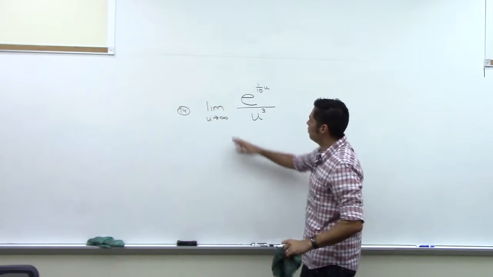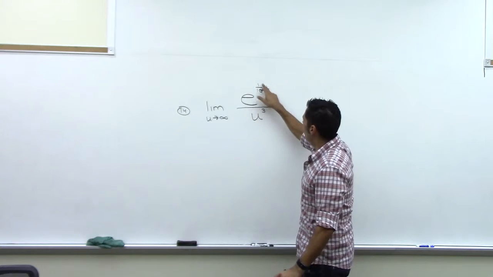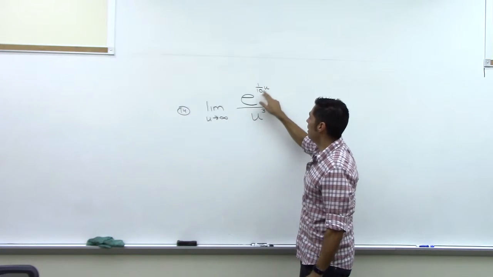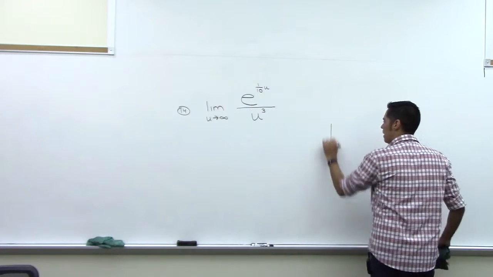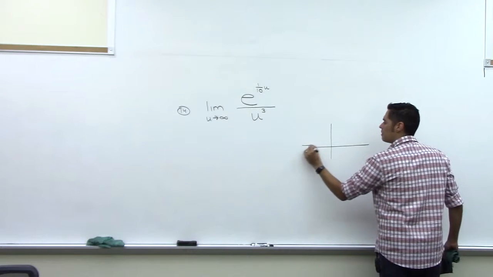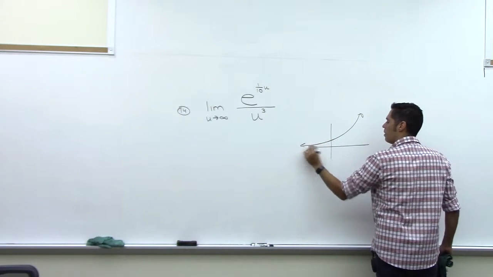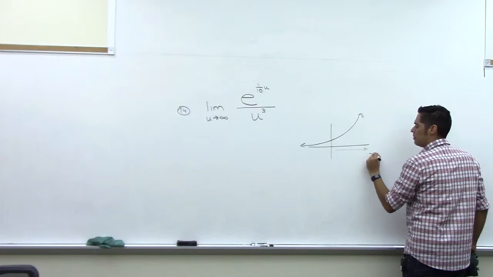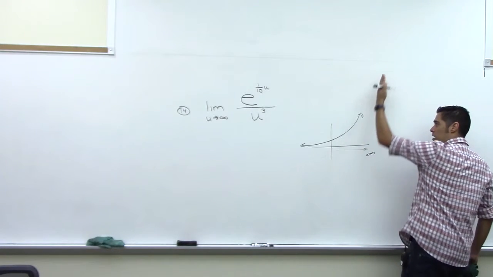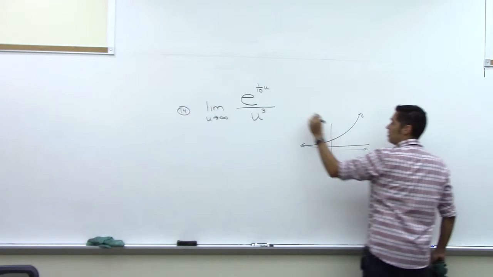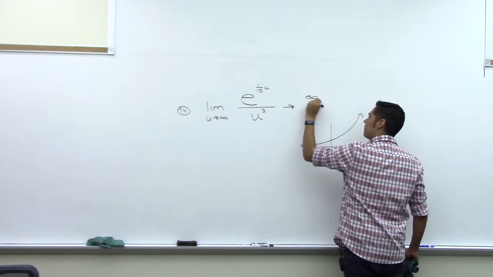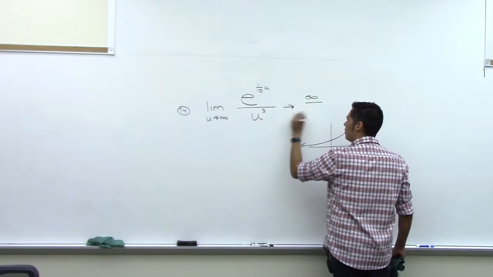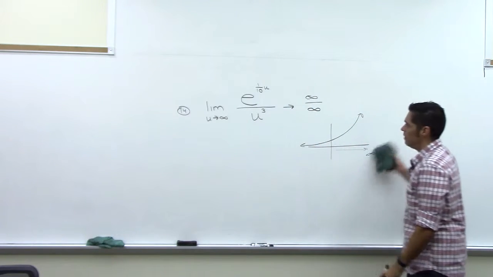All right, let's let u go to infinity. 1/10 of infinity is still infinity. E to the infinity means, if you look at the exponential function, what happens as you start going out to infinity? Well, the function obviously starts going up to infinity. So the top is headed towards infinity, and then the bottom, infinity cubed, is still infinity. So you have infinity over infinity.